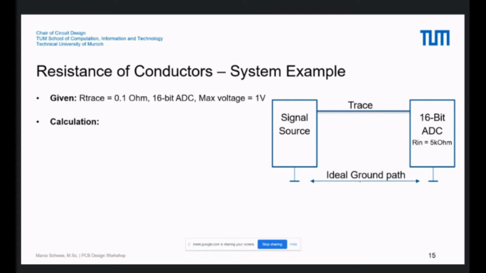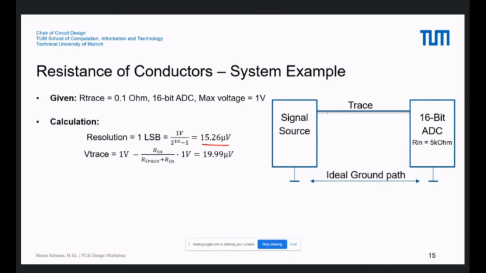About the ground, we will talk about the ground problem in 2 or 3 weeks. Now you can first calculate the resolution of your ADC. It means 1 LSB is equal to 1 volt, so the maximum volt, divided by 2 to the power of 16 minus 1. That means we have a resolution of about 50 microvolts here. So the minimum voltage that we can measure is 50 microvolts.